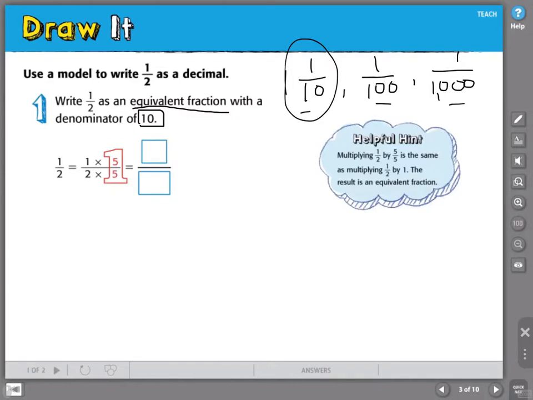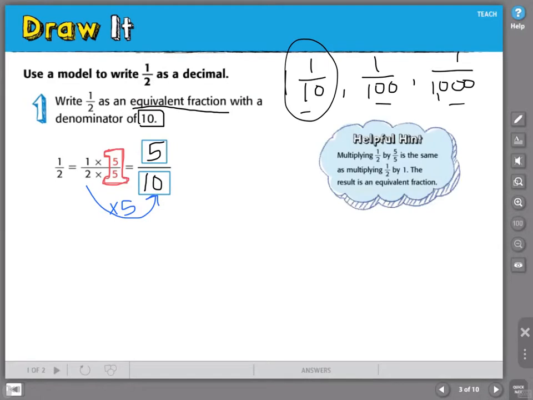Remember, we have to think, well, what do I have to do to turn my 2 into a 10? Well, we need to multiply that 2 by 5. So inside my big 1, I've got 5 over 5. 2 times 5 is 10, and 1 times 5 is 5. So 5/10 is an equivalent fraction to 1/2.